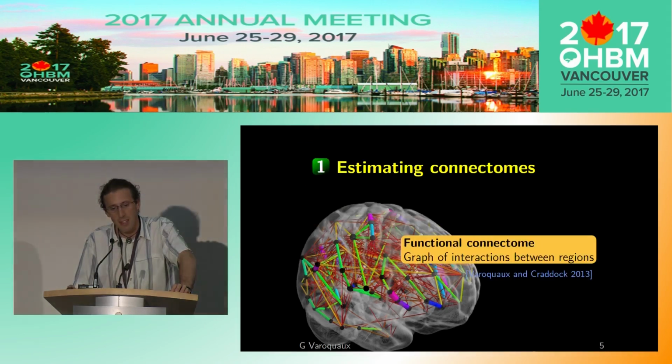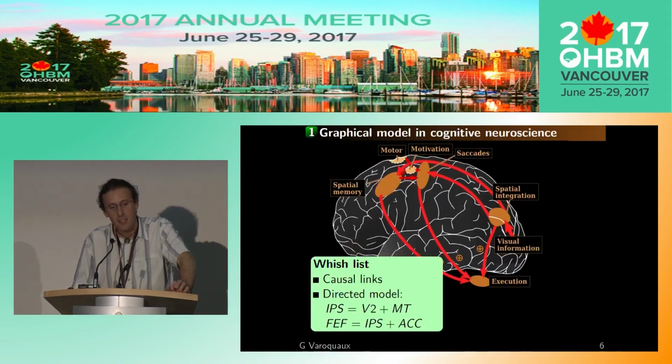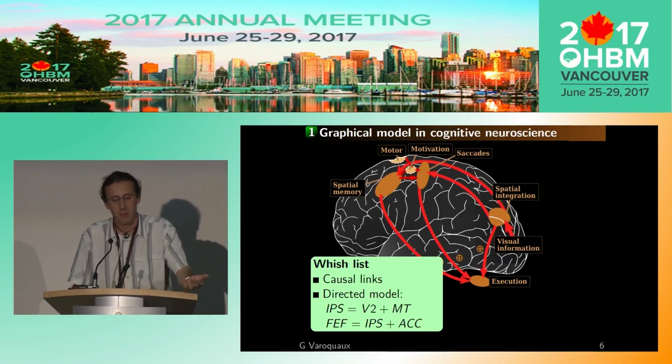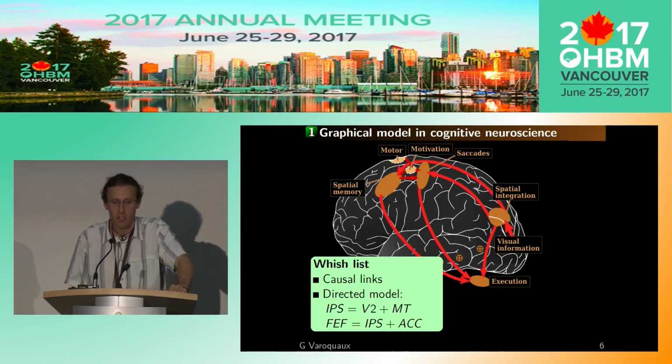So, about estimating connectomes, and here I'm focused on functional connectomes, right? As I said, this is the kind of graphs that people are interested in. The wish list, I guess, would be that ideally we would like causal links.